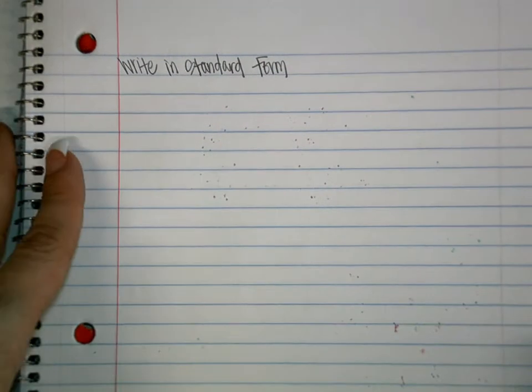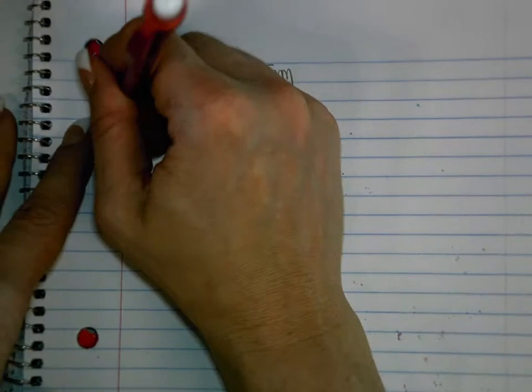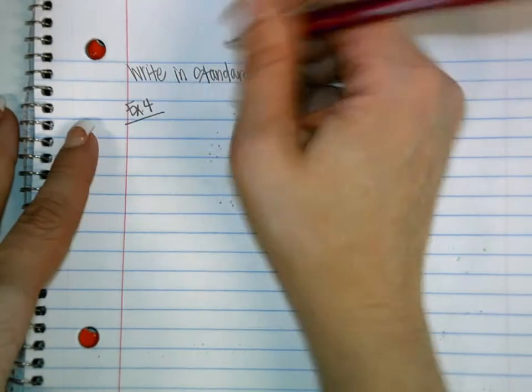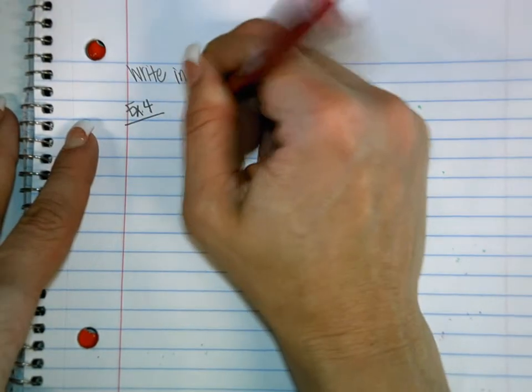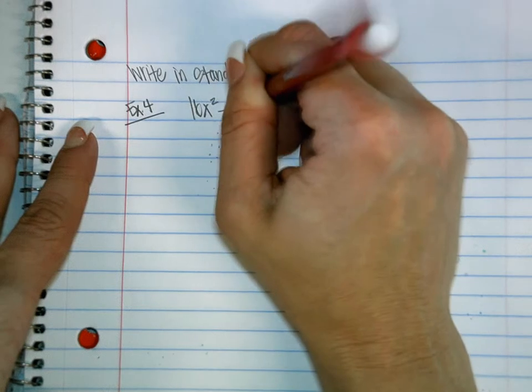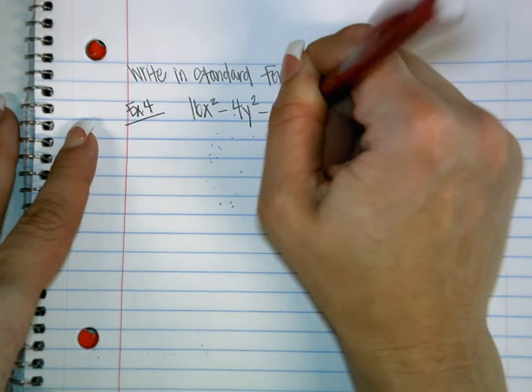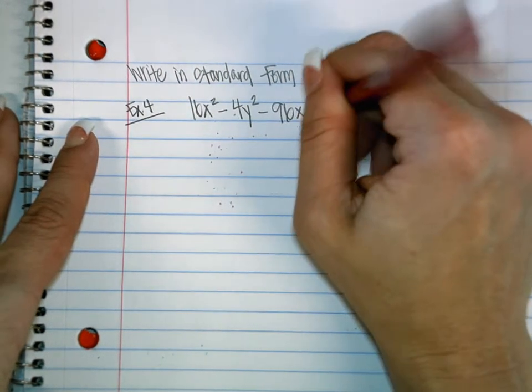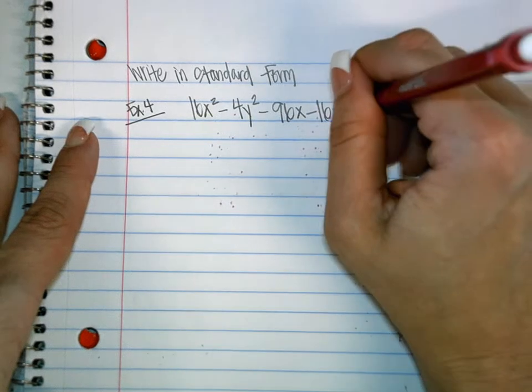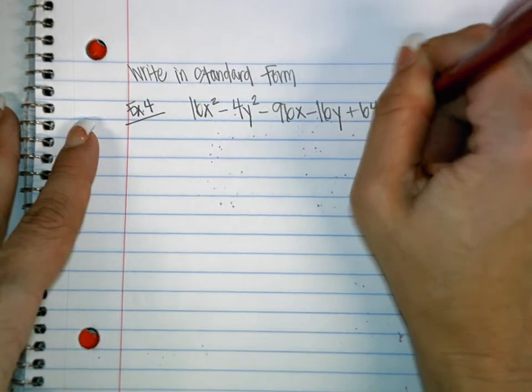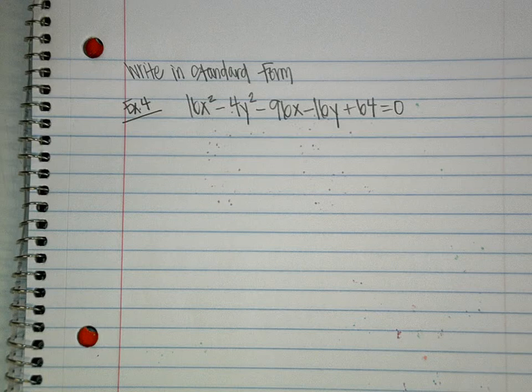So write in standard form for number 4: 16x squared minus 4y squared minus 96x minus 16y plus 64 equals 0.